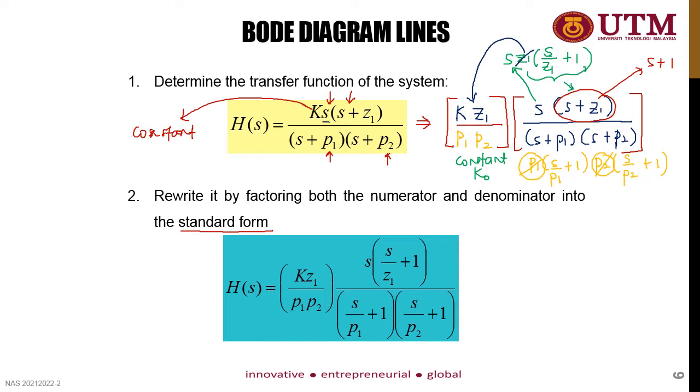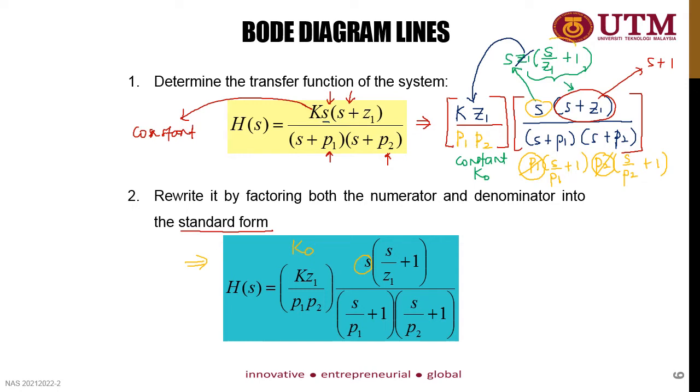Now you rewrite the equation into standard form. So this is the standard form. If we compare the one we derived on top with the bottom, you have the constant k naught, which is k z1 divided by p1 p2, and in the numerator you have s outside the bracket and then s inside the bracket in standard form.